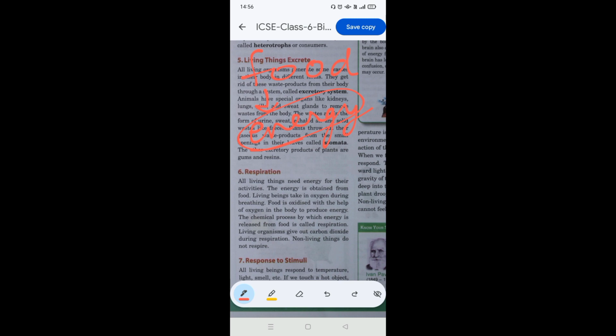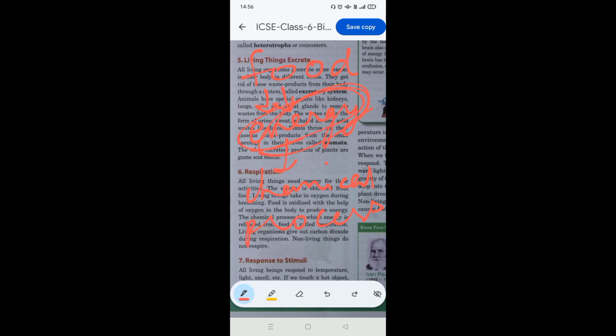So, it is the chemical process. Respiration is nothing but the chemical process by which this energy is released from the food.